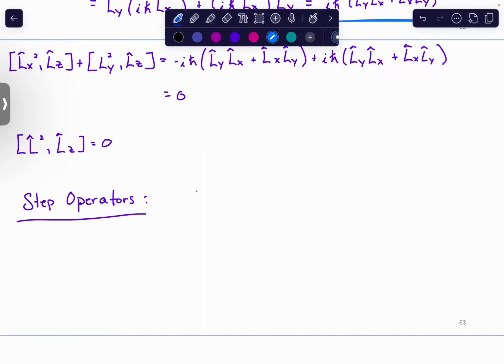Okay, so, and the plus just means we're going up. Stepping up. L minus. Those are your step operators for your angular momentum.